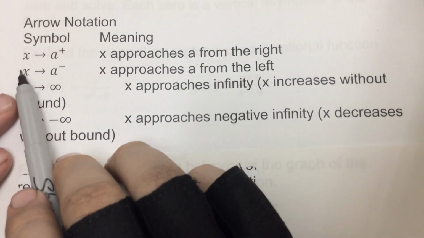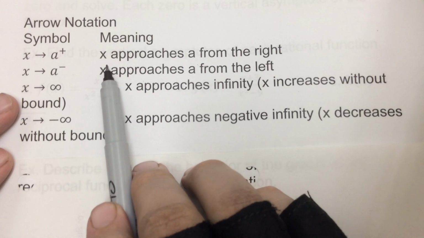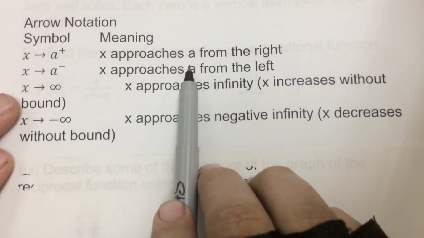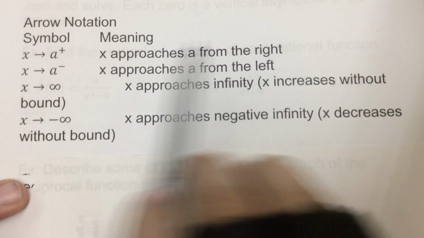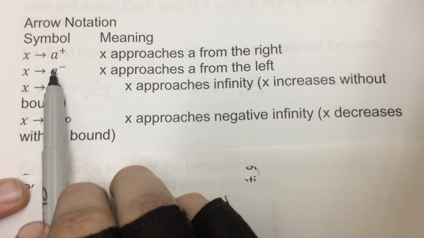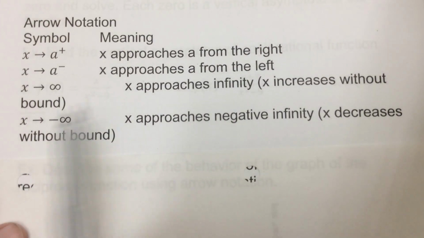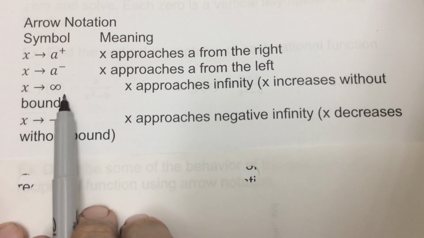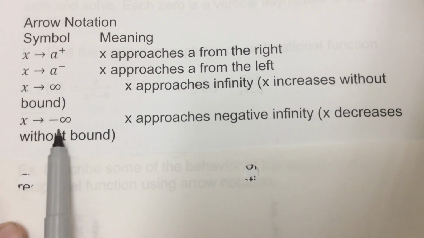So x arrow a plus means x approaches a, whatever a is representing, from the right. So if it's a plus up here, it means from the right. If it's a minus, it means from the left. But the arrow just means we approach, as we get closer to that value. So x approaches a from the left. x approaches infinity. x approaches negative infinity.